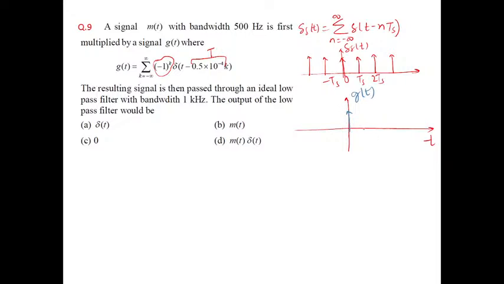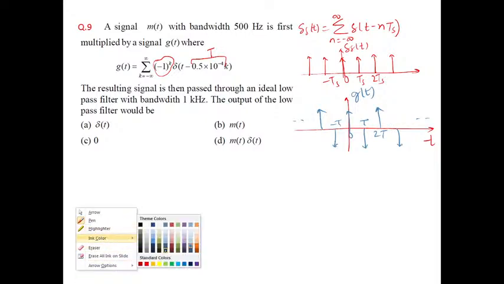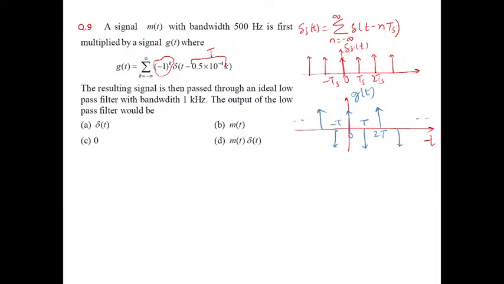Now what can we say about g(t)? Because of the factor (minus 1) raised to power k, it will have alternate positive and negative pulses at intervals T, 2T, and so on. So what will be the time period of g(t)? In this case, the time period is not T, but 2T.